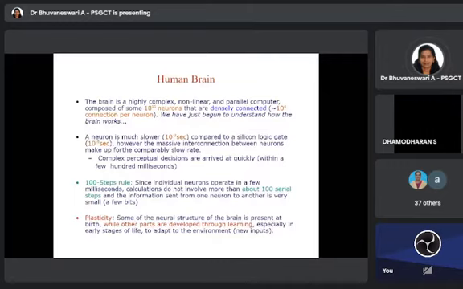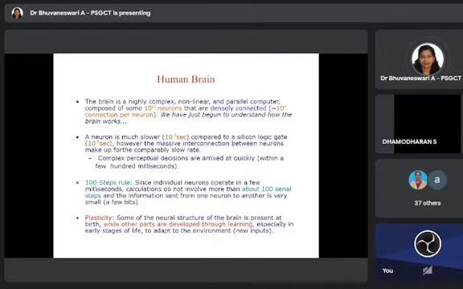For example, for listening, there will be a group of neurons. For talking, there will be a group of neurons. For seeing, like vision, there will be different ones. For motor action, for each and every activity, there will be a set of neurons. As the number of neurons grows, this learning process continues until you die.